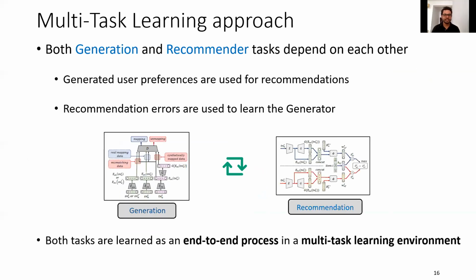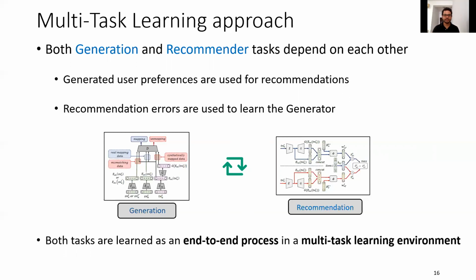So far, we discussed two tasks. The generation task, which has two components, the generator as well as the discriminator. Then we discussed the recommendation task. Both these tasks depend on each other. First, the generated user preferences are directly used for the recommendation task.